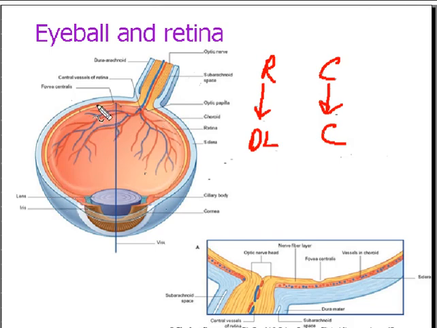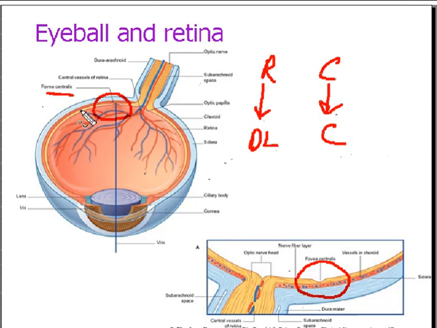So this area is called the macula lutea, and in the center of that macula lutea you have a point which is known as the fovea centralis, and it is at this fovea centralis that we have the maximum number of cones, and visual acuity is maximum at that point.